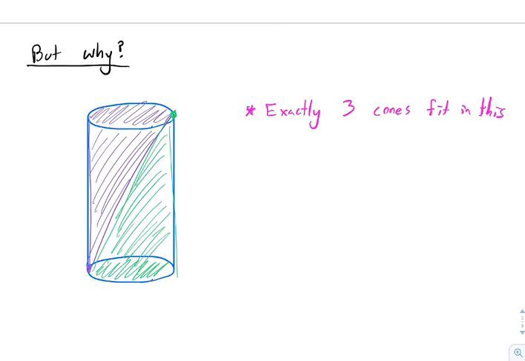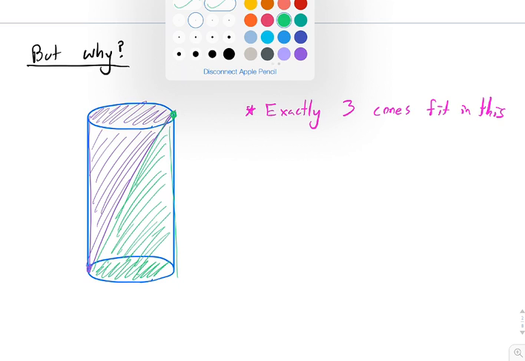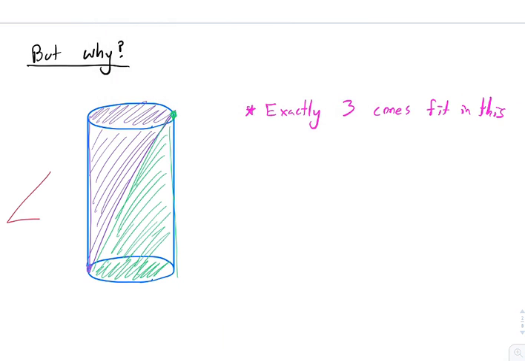Now you might be like, but Mr. Dillon, that takes up all the space. But it doesn't. It just appears to from the side. If we actually take a plane and intersect this parallel to the base, we get this cross section of a circle.